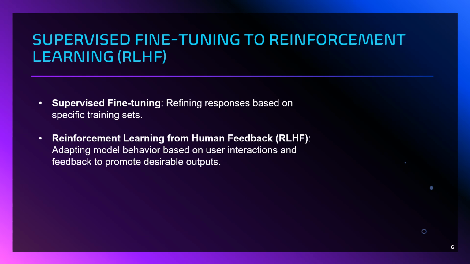As we wrap up, let's talk about how we fine tune these AIs. It starts with something called supervised learning, where they learn from examples we carefully select for them. Then we graduate to learning from their own experiences through what's known as reinforcement learning from human feedback, which is RLHF.